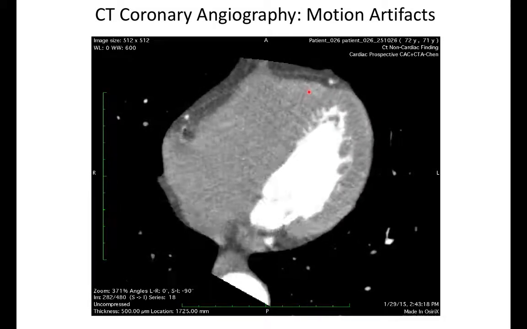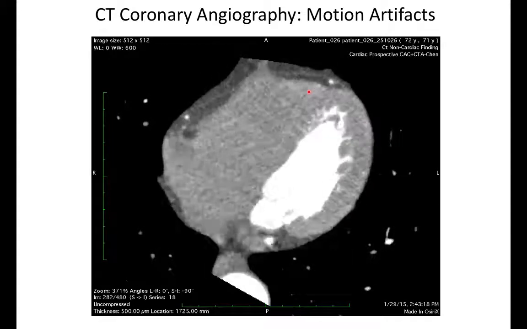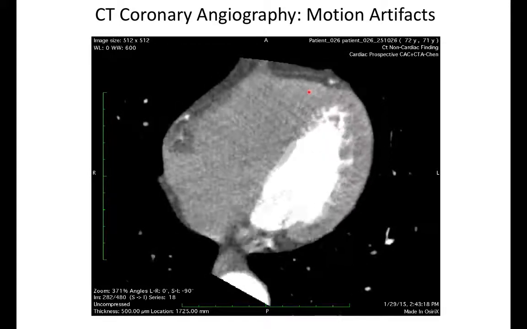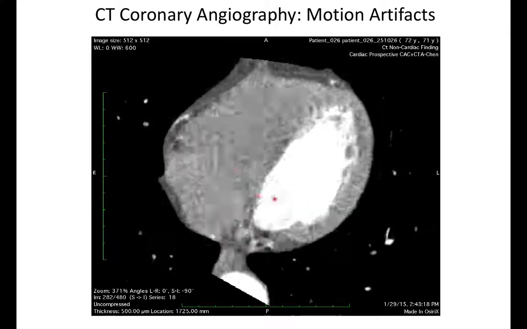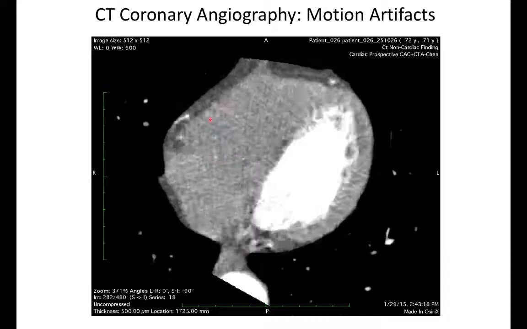So what does motion look like? I don't know if we looked at this yet. Obviously, the vessels move during cardiac contraction because the big part of the vessels sit inside the groove between the atria up here and the ventricle down here.